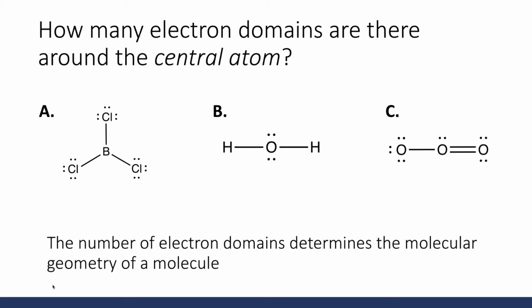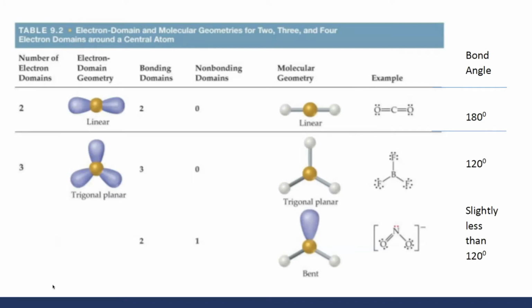The number of electron domains determines the molecular geometry of a molecule. So let's reference this table. This is Table 9.2, and I'm sure it looks familiar because we used it a lot in class. Let's start here. If we have 2 electron domains, that is going to force us into the electron domain geometry of a linear molecule.